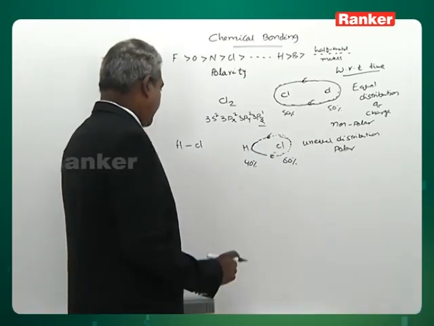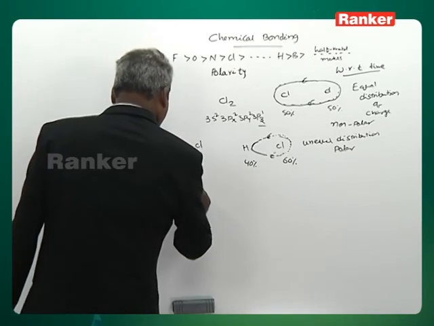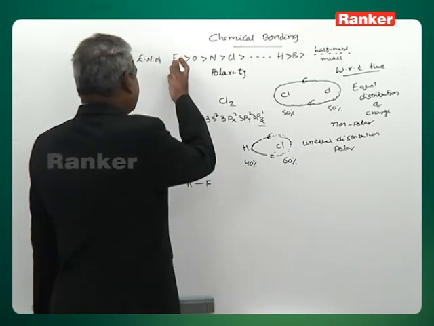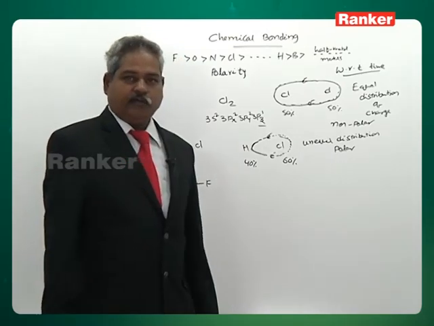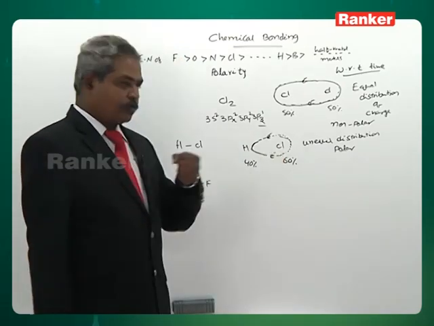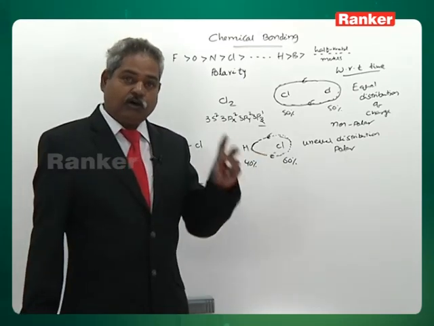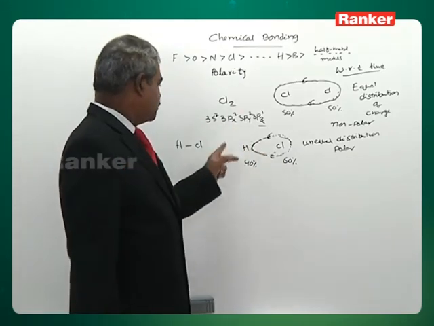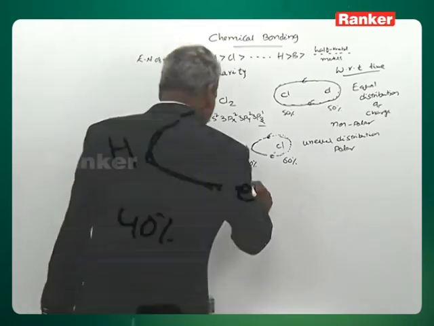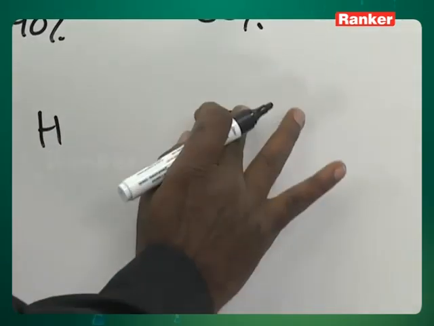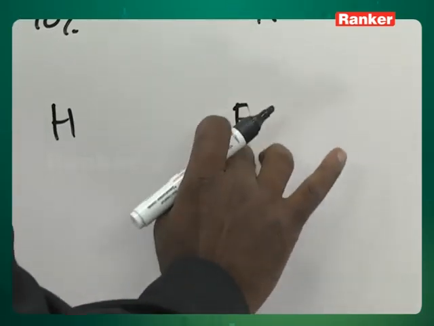And observe HF. Fluorine is in fact the most electronegative. Therefore, it keeps the electrons more towards itself. The electrons will not leave fluorine at all. They stay a long time with fluorine and spend very few moments with hydrogen. Unequal distribution, hydrogen, fluorine.